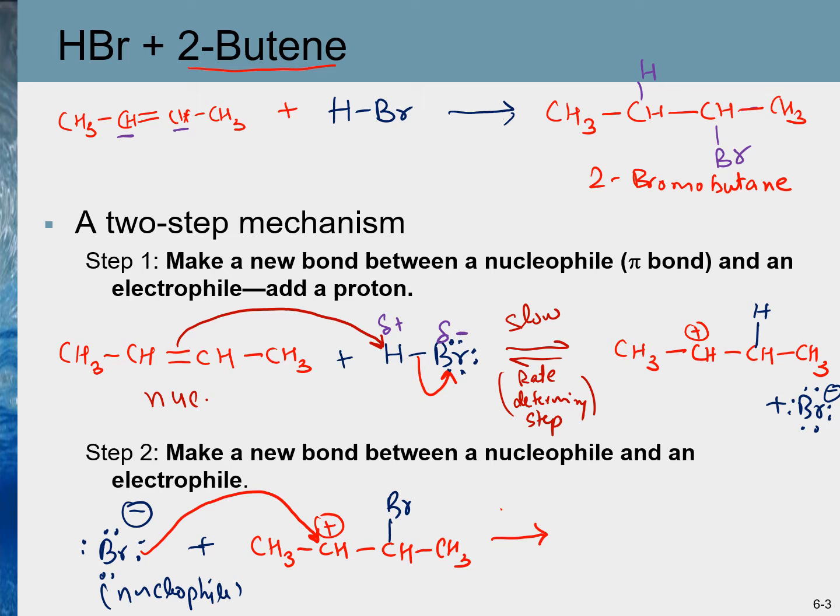This will be a fast reaction because both the nucleophile and electrophile are extremely unstable, and after making the bond they are going to be a relatively stable molecule. So this step is a fast step, and we know that a fast step is not a rate determining step.